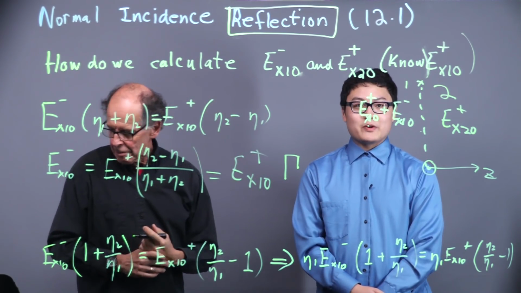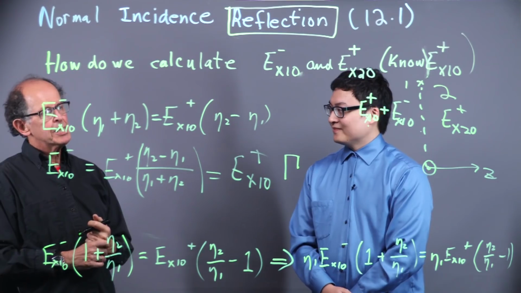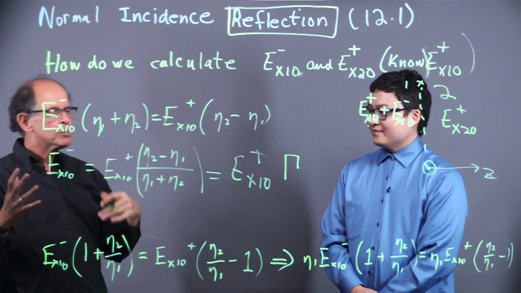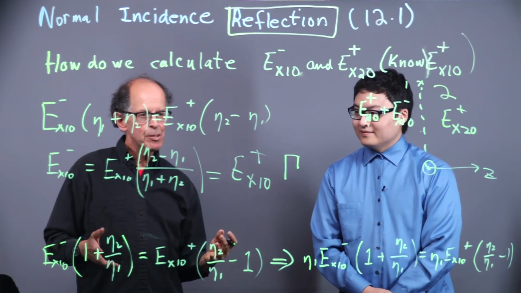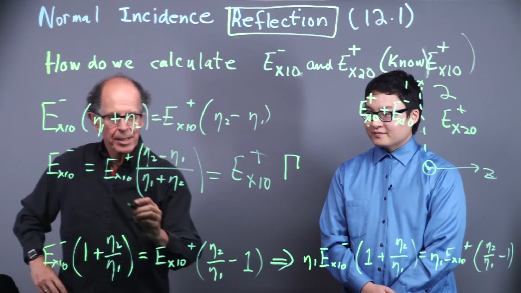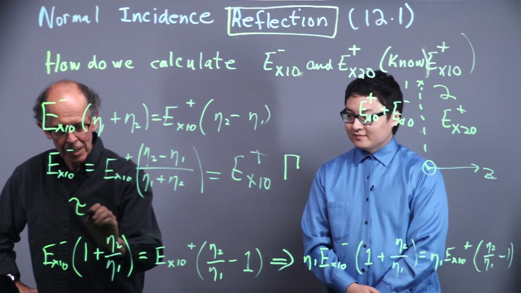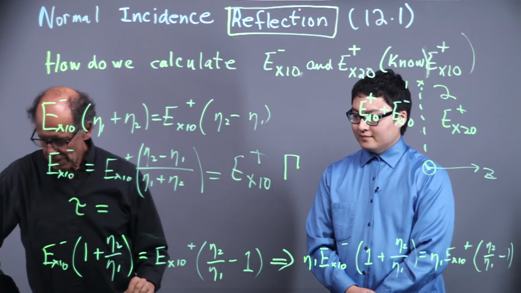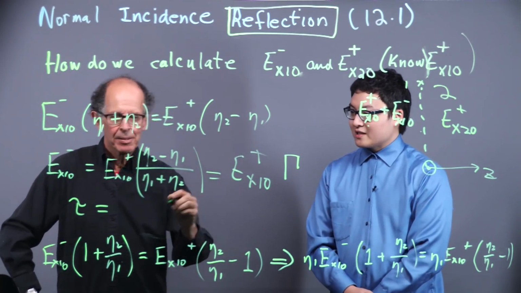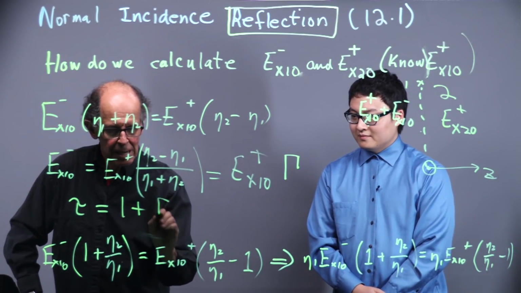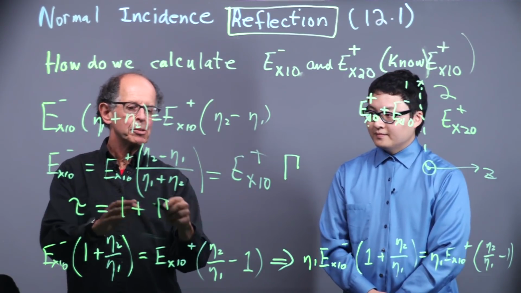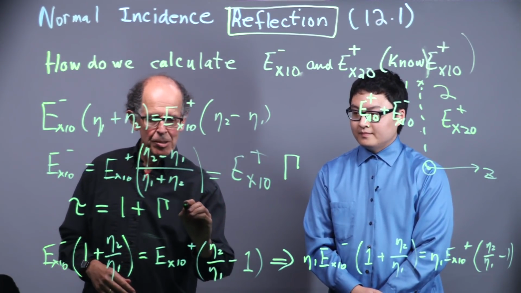Now it's beautiful. Now, what's really nice is we already know we could do the algebra, and you can, but it's much easier for the transmission coefficient. We know what that is from transmission lines. 1 plus gamma. And I think you can do that. It's fairly easy.